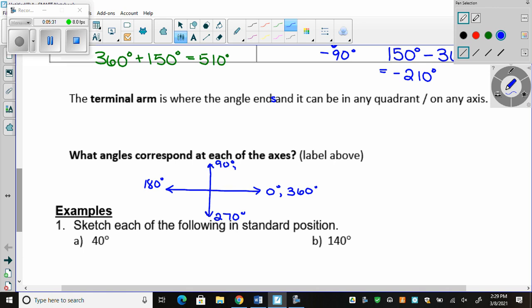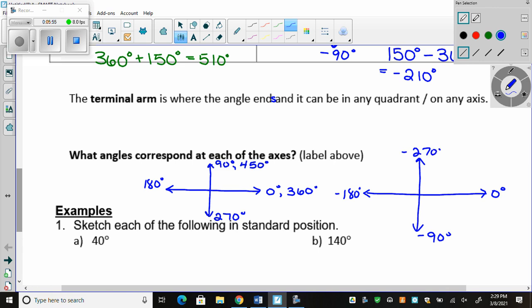And this would be what? 90 more, which is 450. And it can keep going, right? Forever and ever and ever, couldn't it? Positive. Or, same thing, but opposite: 0, negative 90, negative 180.